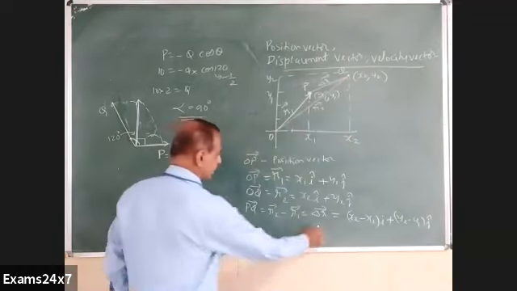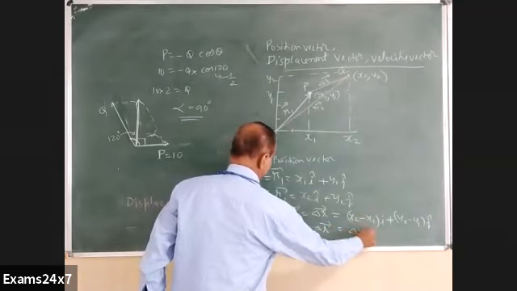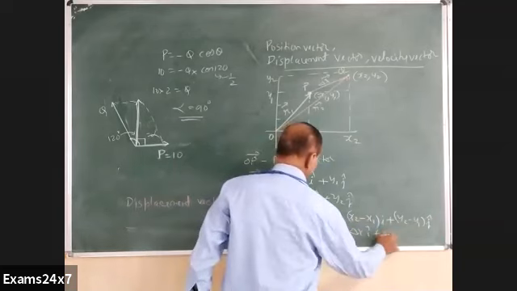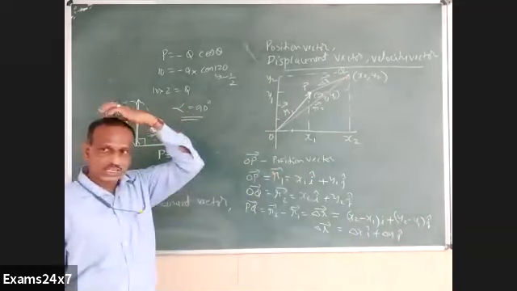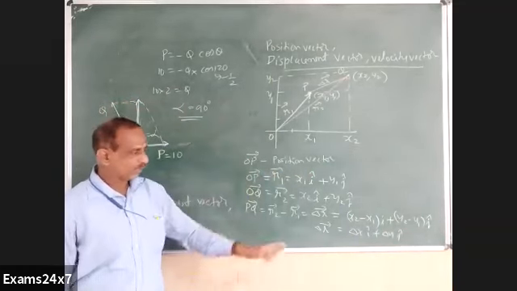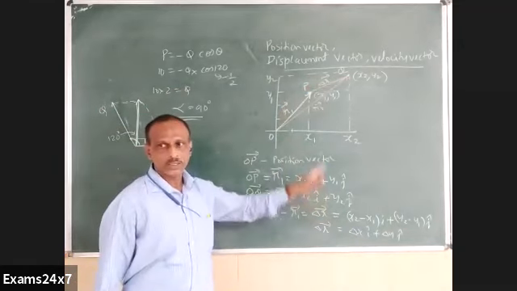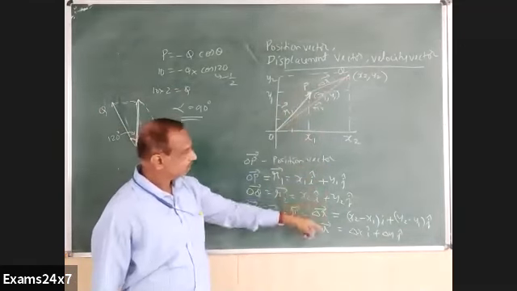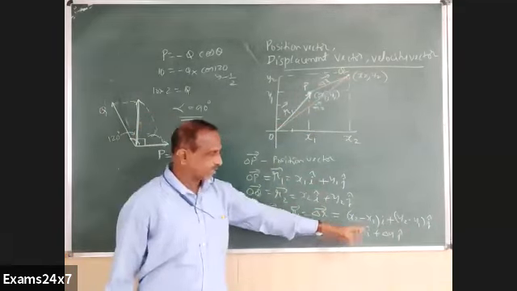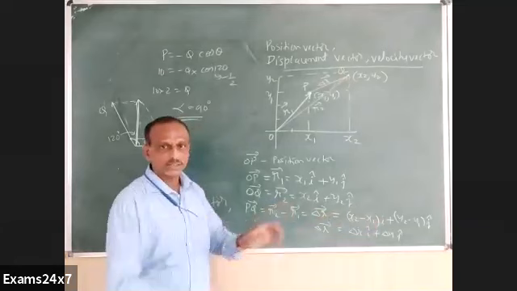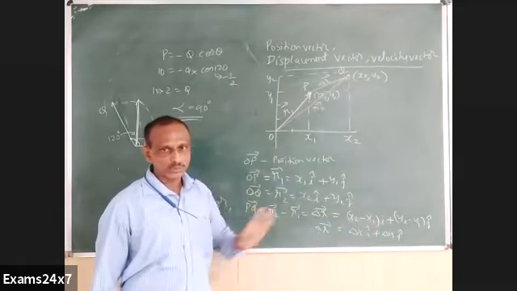And we write finally this delta R as delta x i plus delta y j, the displacement vector along the given direction. X direction delta x, y direction delta y. The combined effect is delta R in this case. That is known as the displacement vector.